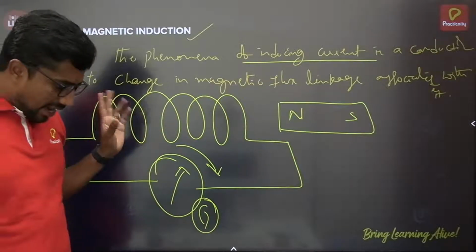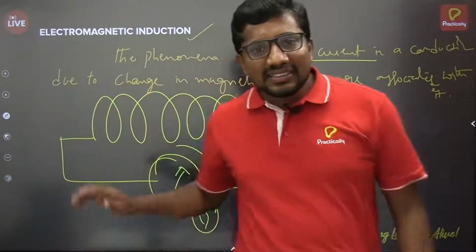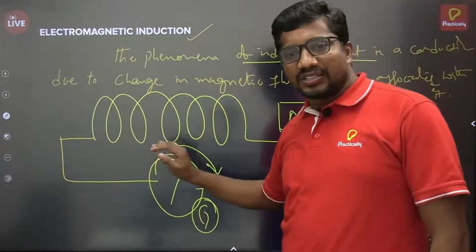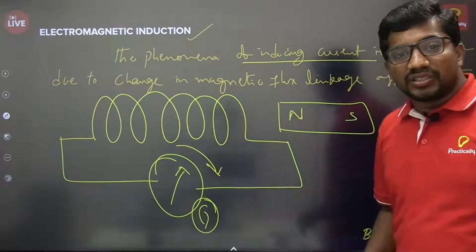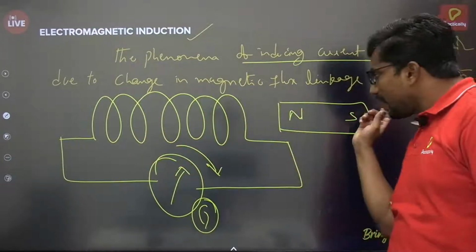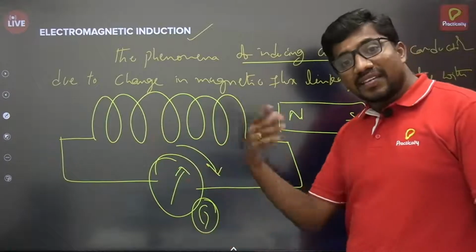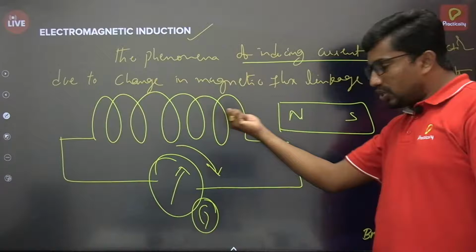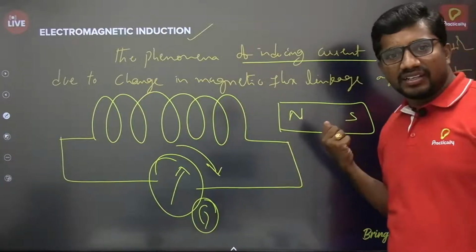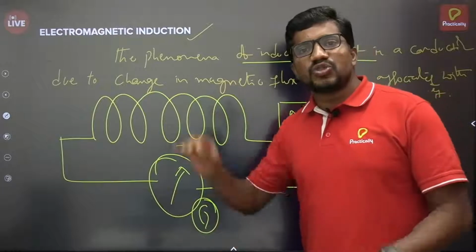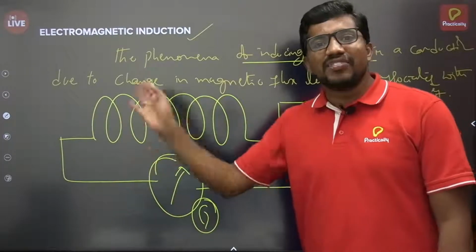Alright, and one more thing. This is one activity, one way of inducing current in the coil. There is another way also. In this case, I kept the coil stationary and brought the magnet towards the coil. In another case, you keep the magnet stationary and bring the coil towards the magnet. Then also the magnetic field will change. See, our requirement is to induce the current. How will current be induced?